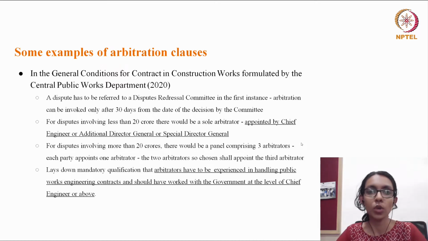Each party would get an opportunity to appoint 1 arbitrator, and the 2 arbitrators who have been nominated like that would appoint the 3rd arbitrator. However, the conditions for contract also clearly stipulate that all the arbitrators have to be experienced in handling public works engineering contracts and should have worked with government at the level of chief engineer or above.